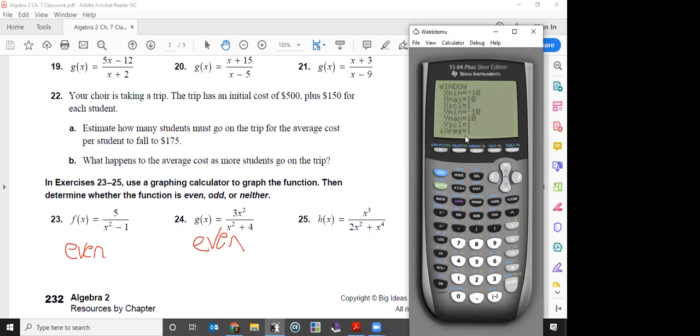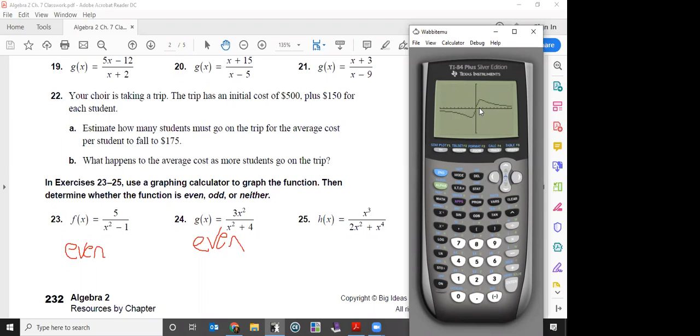So I'm going to leave my x values the same. I'm going to make my y values -1 and +1, just so I can really zoom in or stretch my graph vertically to see what's going on.